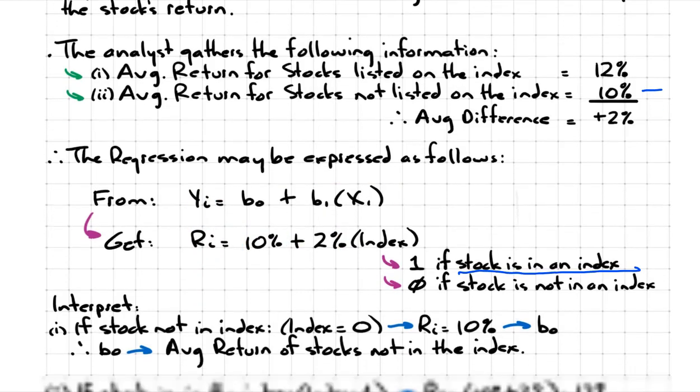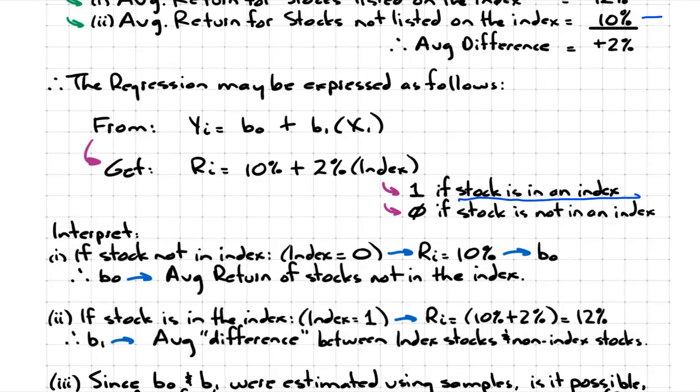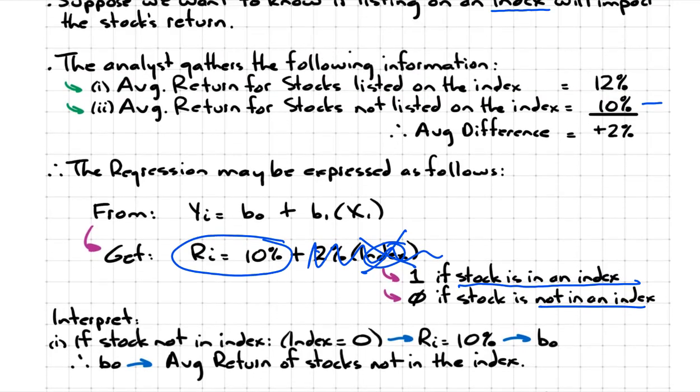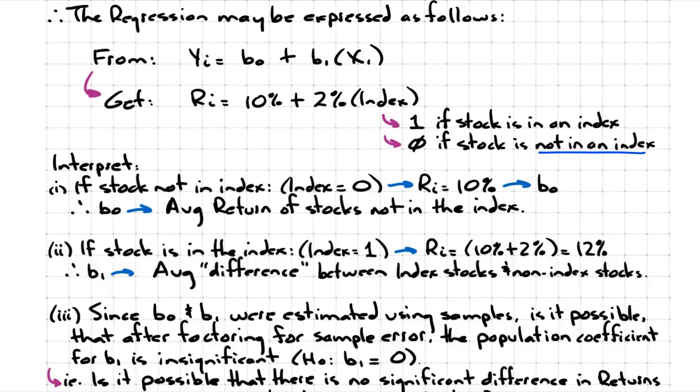So what do we do if we come across a stock that's not listed on the index? Well, if it's not on the index, the dummy variable registers a value of 0, so this whole thing disappears, and therefore we expect an average return of 10%, which is what our sample observation told us in the first place. And there it is. If the stock is not on the index, the dummy variable index is equal to 0.